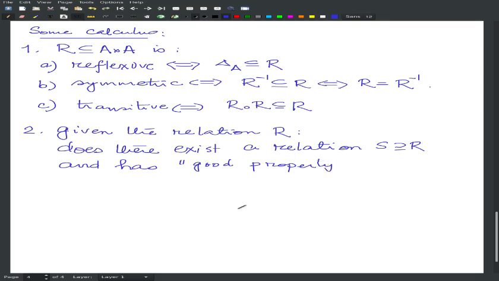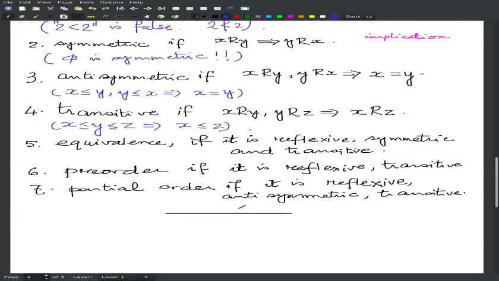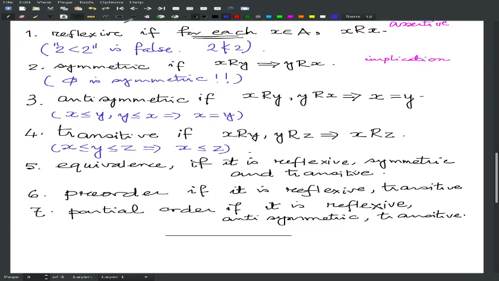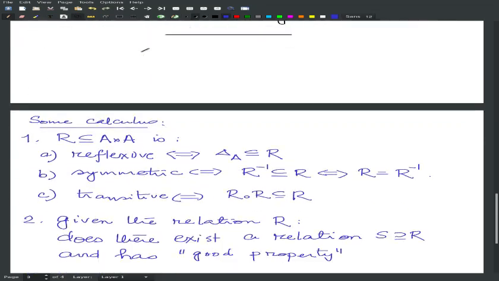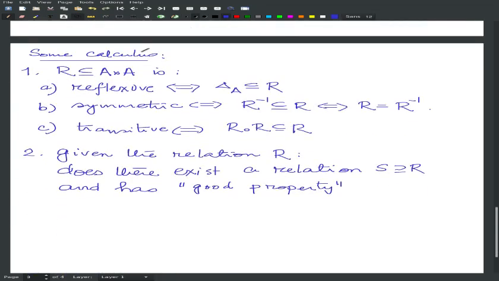Where what is the measure of goodness? Well, any one of these 7 things. So one of the good properties is being reflexive, one of them is symmetric or transitive and so on. So I want to ask the question first, does there exist one such relation which contains R and is good? And then we sharpen this.